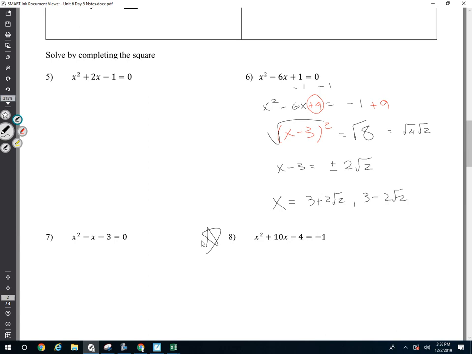What is the number that I'm going to add to both sides so that I have a perfect square on the left side? 25. Everybody add 25 to both sides. Because if I add 25 to both sides, the left side is now a perfect square. Follow along with me, please.